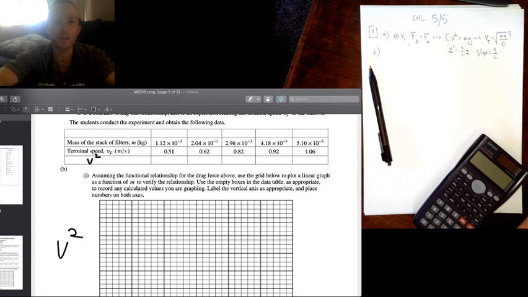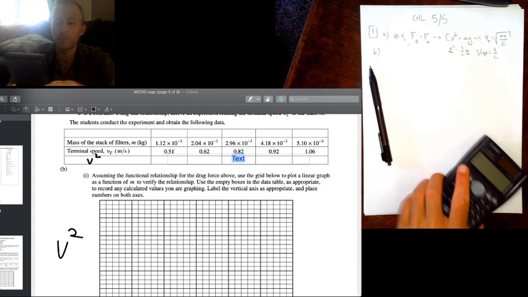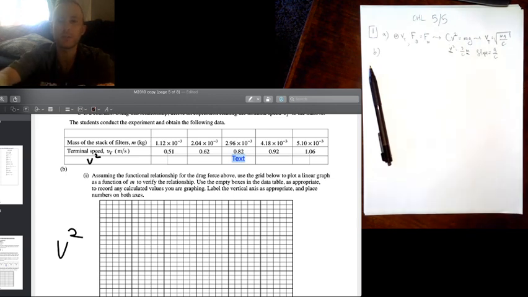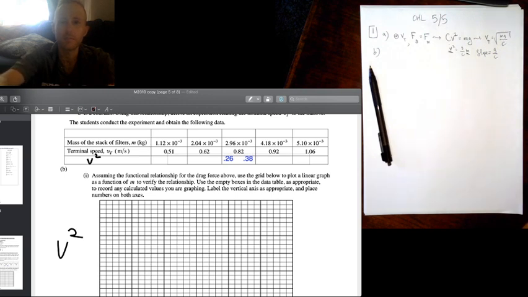So let me type that in. I'm going to square the terminal speeds here. Okay, so 0.51 squared is 0.26. 0.62 squared is 0.38. 0.82 squared is 0.67. 0.92 squared is 0.85.